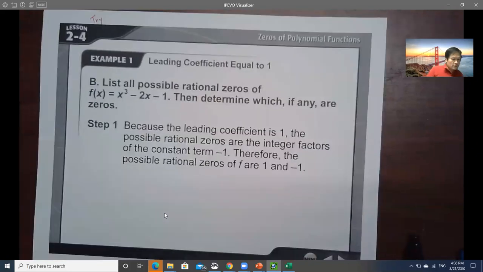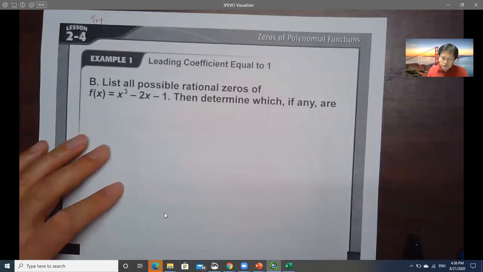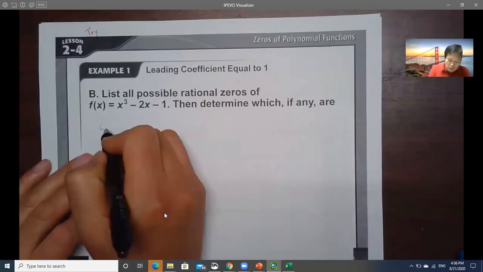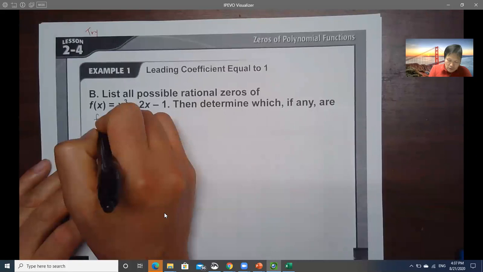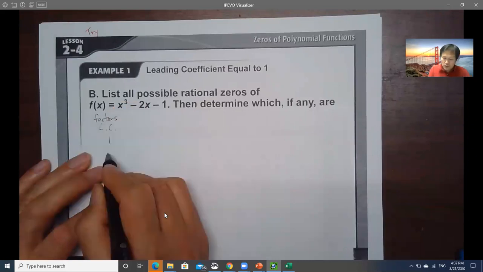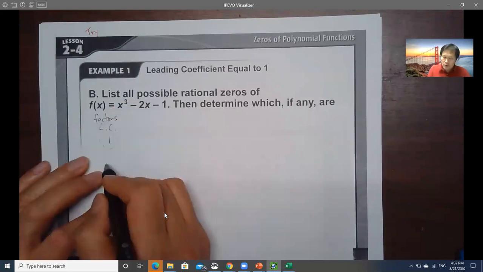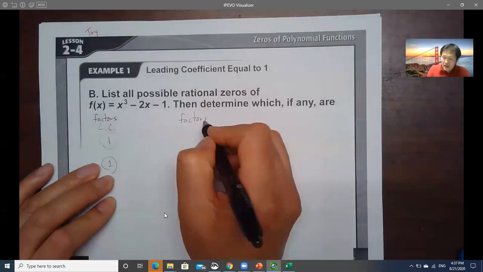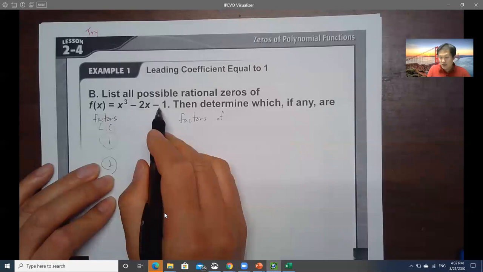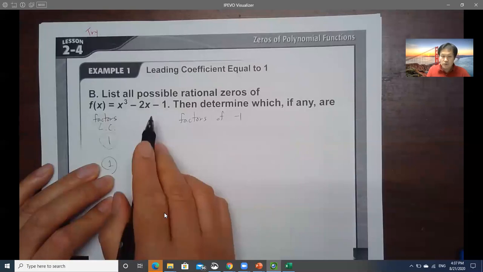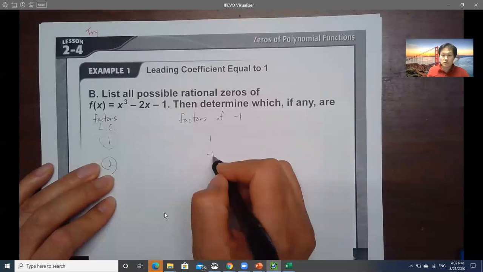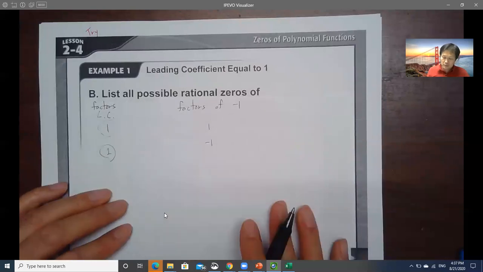Okay, if you have tried, let me show that to you. The leading coefficient here is 1, so the factors of the leading coefficient are just 1. There's no other number. The constant is minus 1 here, so we don't have many factors: 1 and minus 1. In this case, it's not that bad.